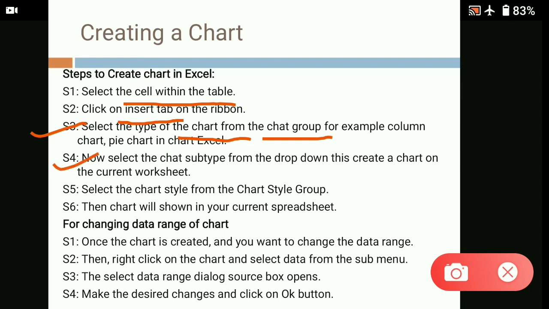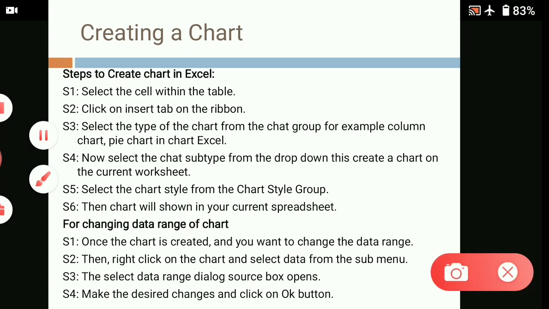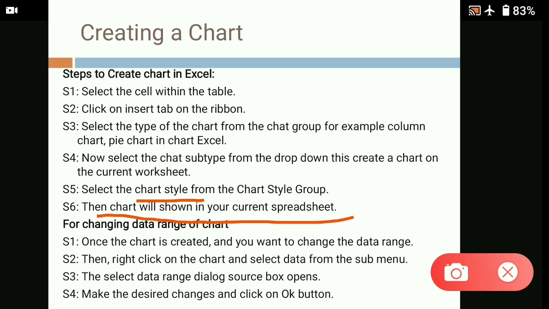Then select the subtype from the drop down list, which creates a chart on the current worksheet. Then select the chart style from the chart style group, and the chart will be shown in your current spreadsheet. This is how you can create a chart in Excel or in a worksheet.